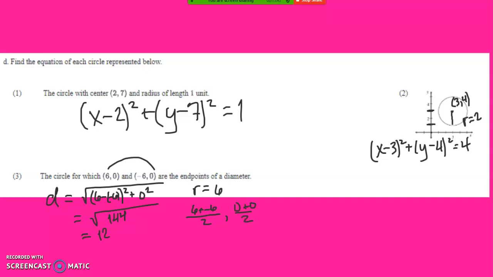So 6 plus negative 6 is 0, divided by 2 is 0. The midpoint is 0, comma 0. So that's the center. So what does a circle look like with a center at the origin? Let's go back to the very first equation we learned. At the origin it looks like this, and 6 squared, radius squared, is 36.